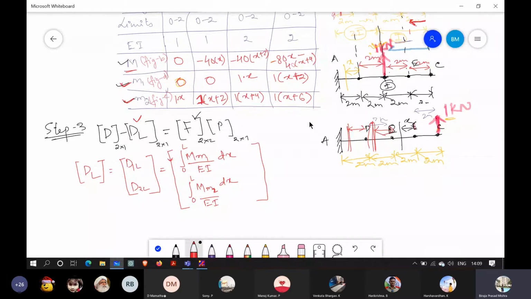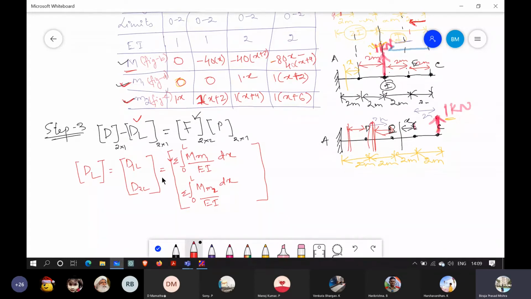Okay, so now what we will do, we will multiply this m1 for AB. Here we can say it as summation.